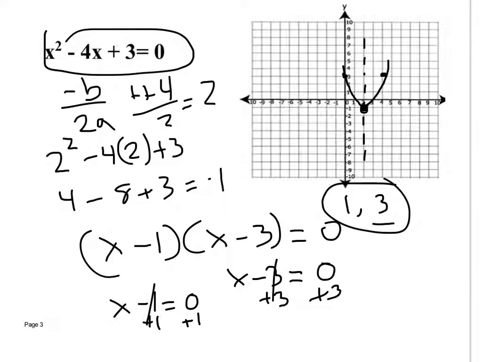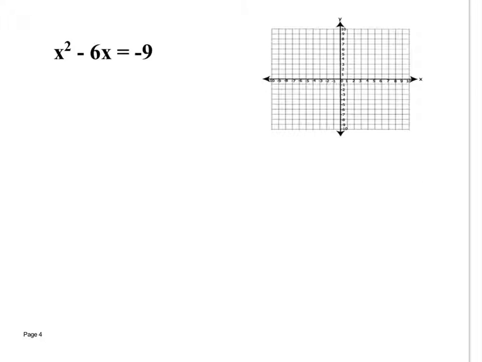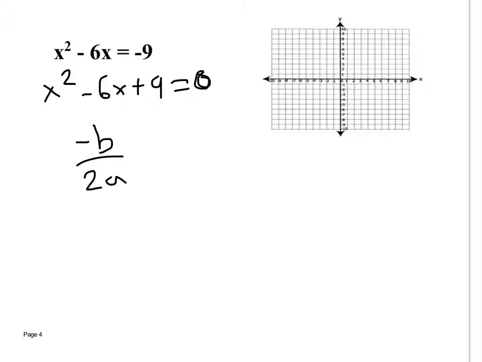1 and 3. Alright, they give you x squared minus 6x equals -9. What we have to do is make it equal to 0, so I add 9 to both sides. Now I graph this. I find my axis of symmetry first, which is 3.